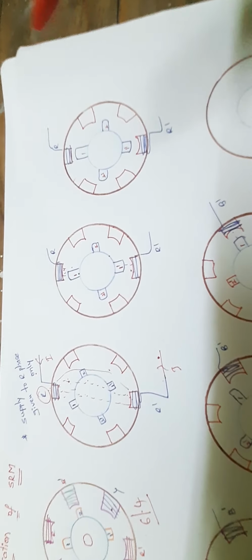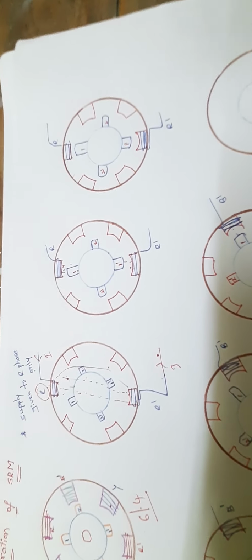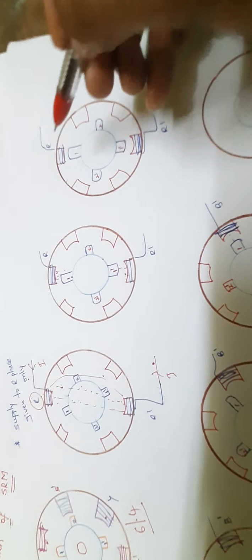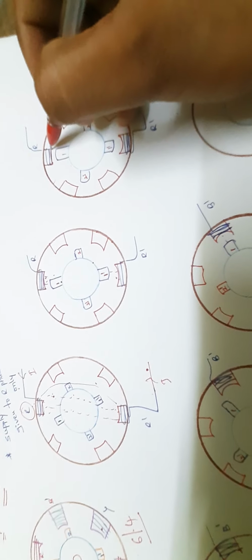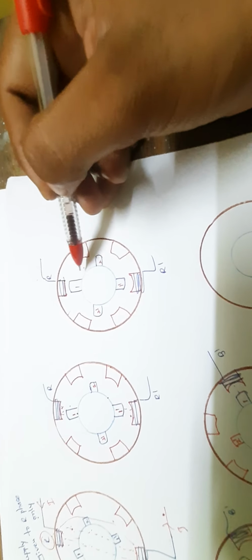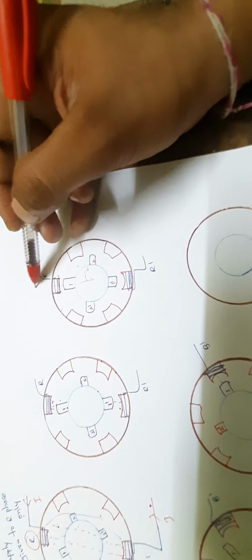As the electrical supply increases, the magnetic field developed by the winding keeps increasing, and the stator axis is going to be aligned with the rotor axis.